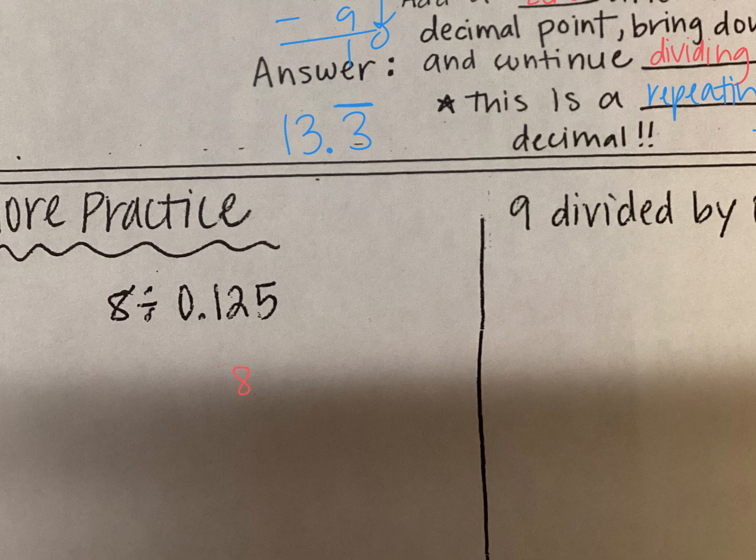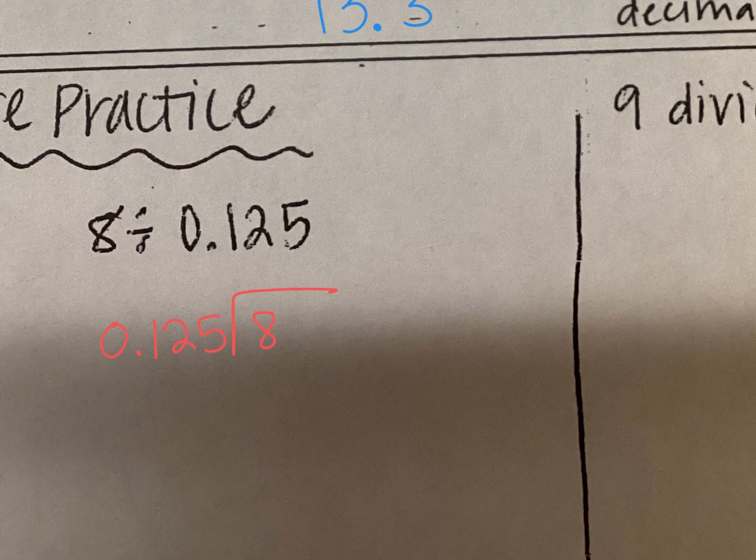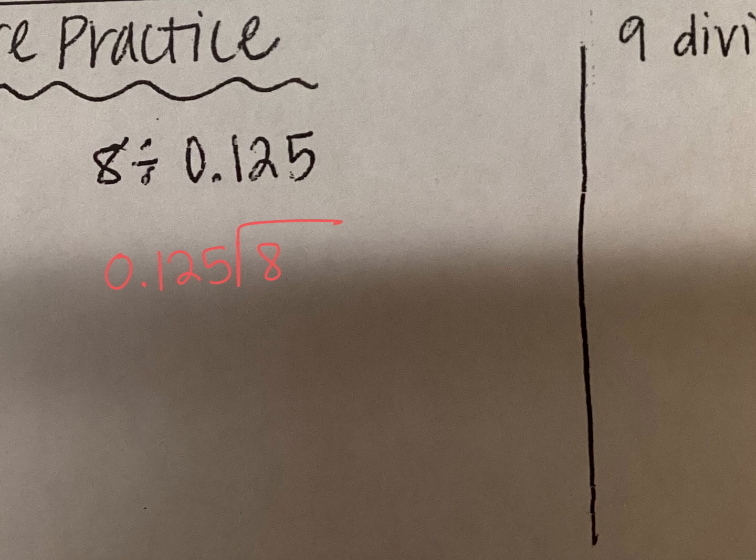So I'm going to put 8 here and divide by 0.125. Now, I need to move the decimal in the divisor as many times as possible to make it a whole number. So here's my divisor over here. How many times will I need to move this decimal until this number becomes a whole number?